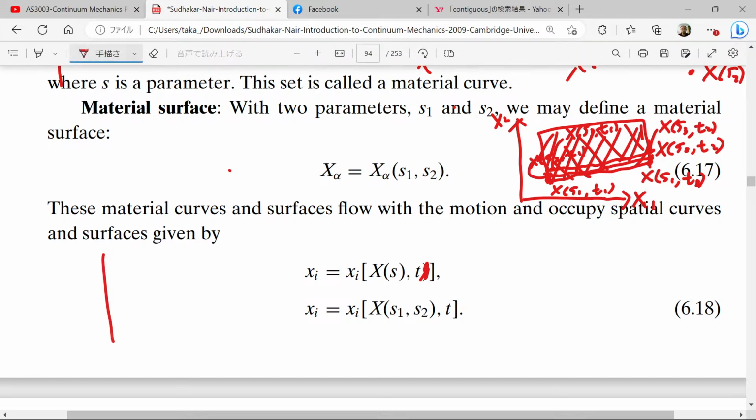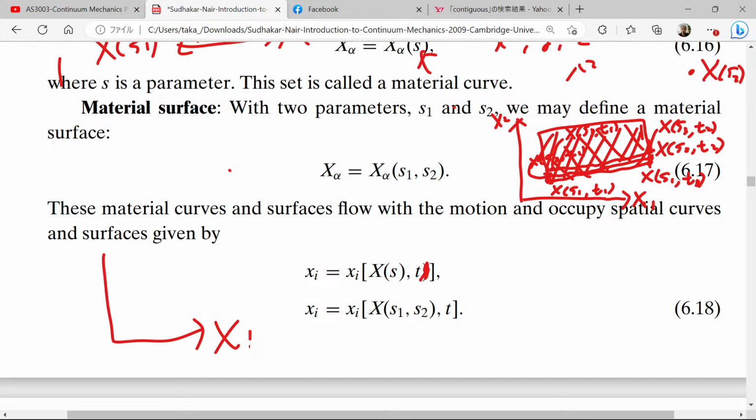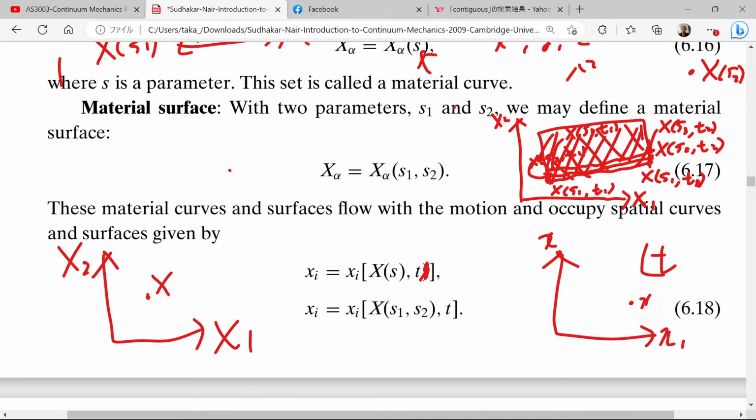So you have spatial coordinates x1, x2. We were considering only a point. At time t this point becomes this point because the particle moves.